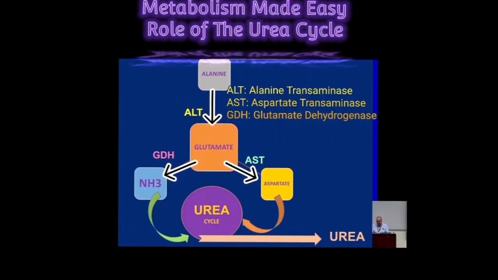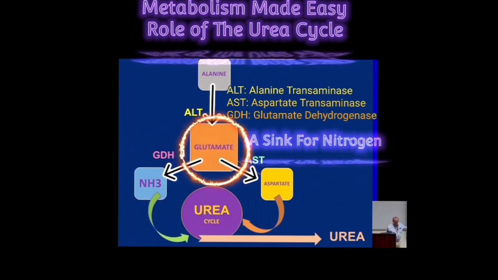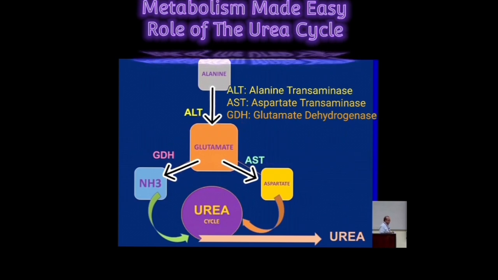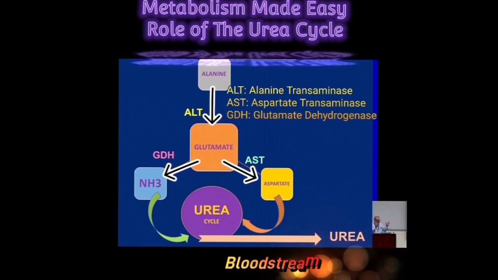So the urea cycle, really, the purpose of the urea cycle is to remove nitrogen/ammonia from cells, from the body, in a non-toxic form, say detoxifying ammonia, removing those nitrogens in a non-toxic form. So that's what urea does, the urea cycle.